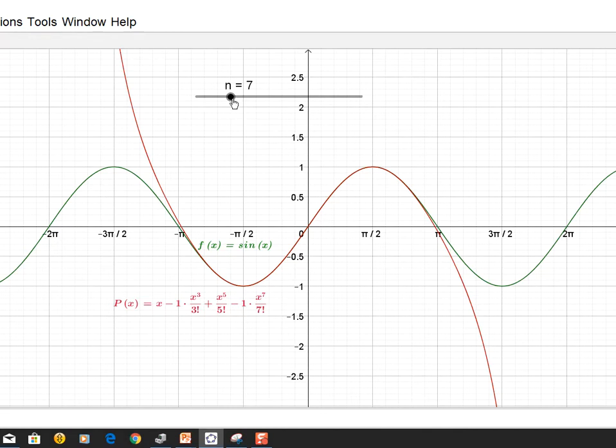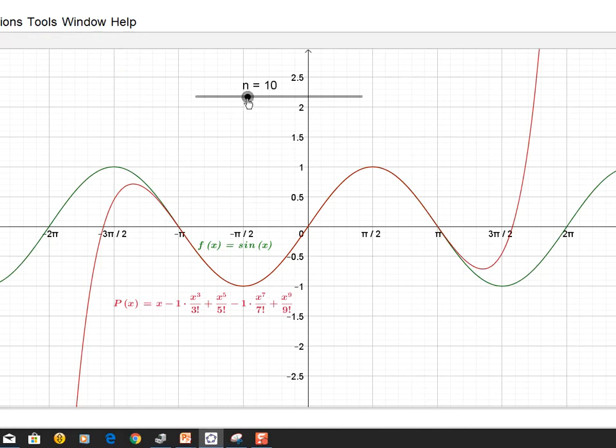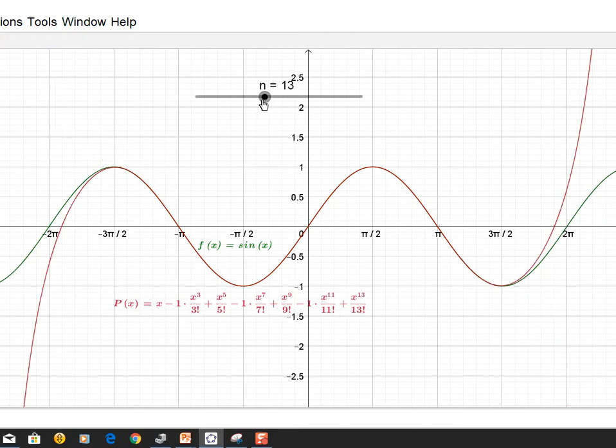Now we can keep going with this, seeing that as we increase the power, the polynomial gets closer and closer, and by the time we get to power 17 we've got a function which is a very good approximation over the range from negative 2 pi to 2 pi.